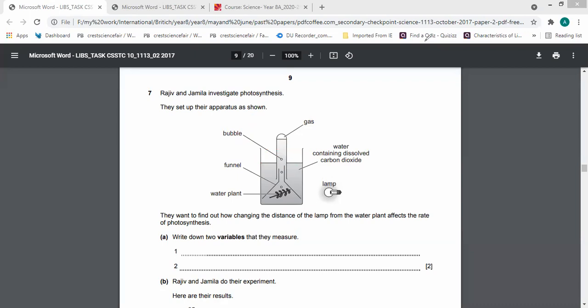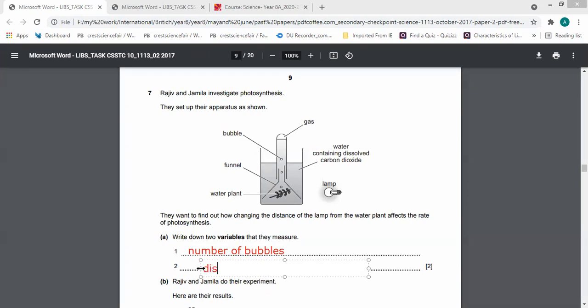As we increase the distance between the lamp and the water plant, the rate of photosynthesis decreases. So the first one, number of bubbles. You can say a number or amount or the volume of oxygen gas. It's right, okay?